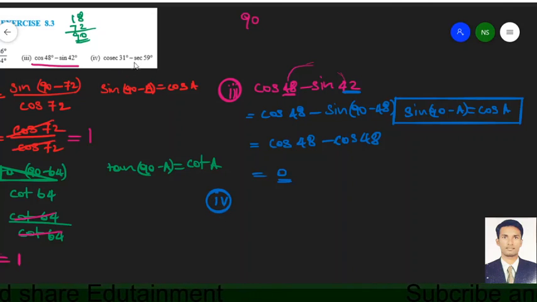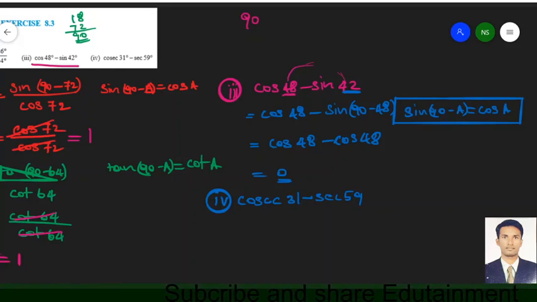Question 4 is cosecant 31 minus secant 59. Again, here also you see 31 and 59, these two are complementary angles.